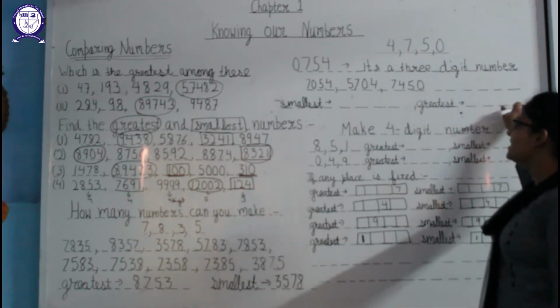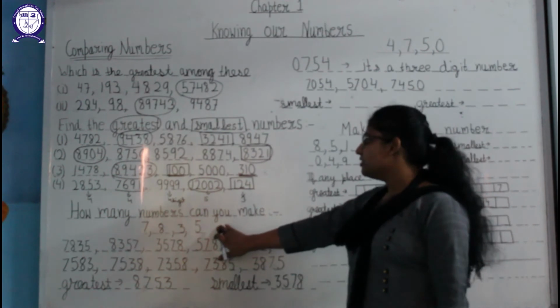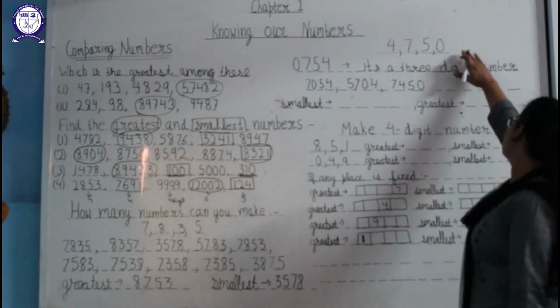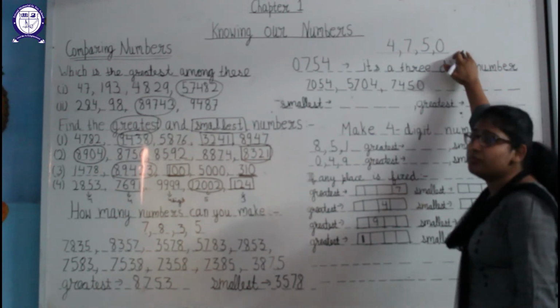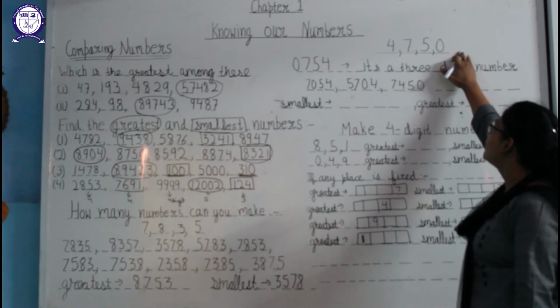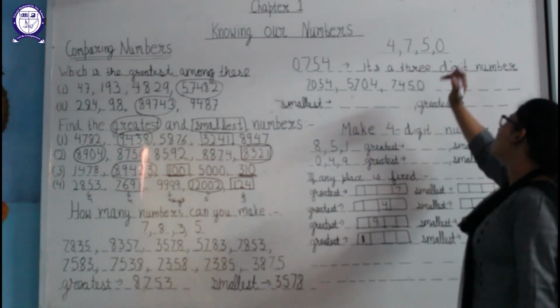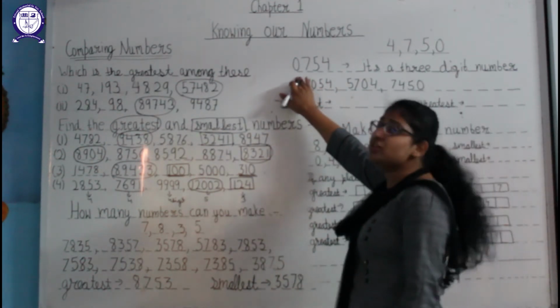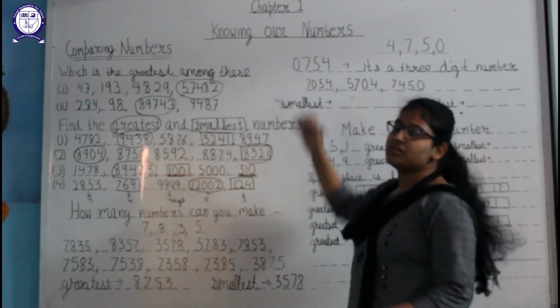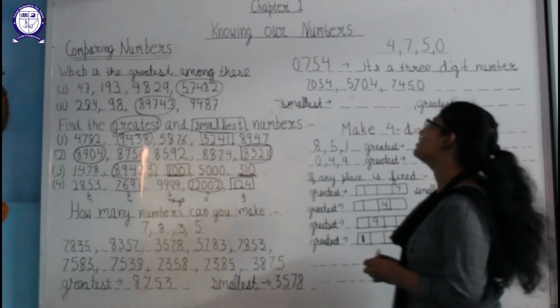These are the digits in which no zero was given. Suppose one of the digits from these is 0. How can you make the numbers? We can easily make 4-digit numbers from these also, but we can't use 0 at the first place. Why can't we place 0 at the very first place?